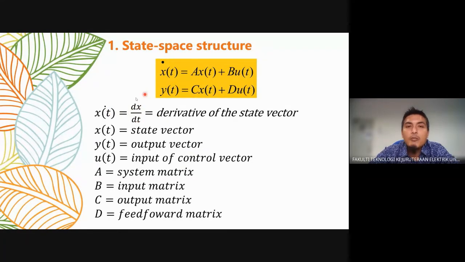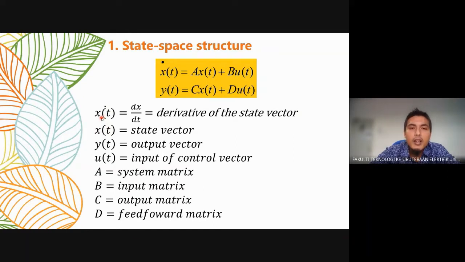This is the normal way we write it. However, we can use the short form x dot t, the derivative of the state vector. x t is a state vector, so for x dot t, we just need to take the derivative of this state vector.